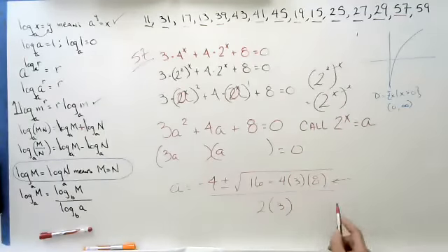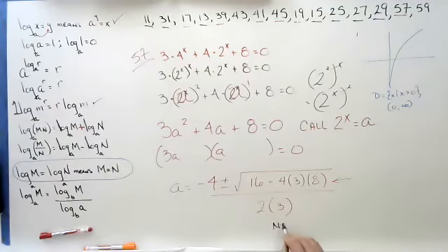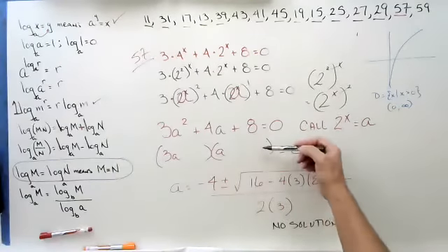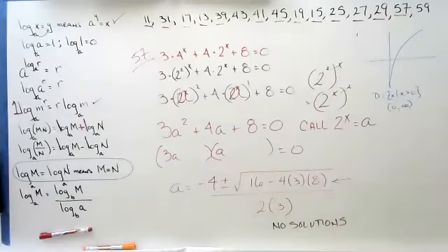Look under there. Look at your discriminant. That's negative. This has no solution. The discriminant is negative. So he wanted you to do all of this, but he wanted you to see it had no solutions.